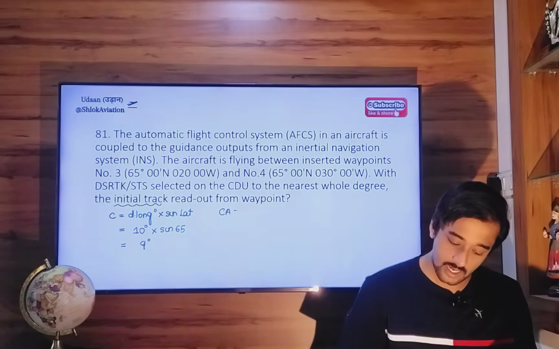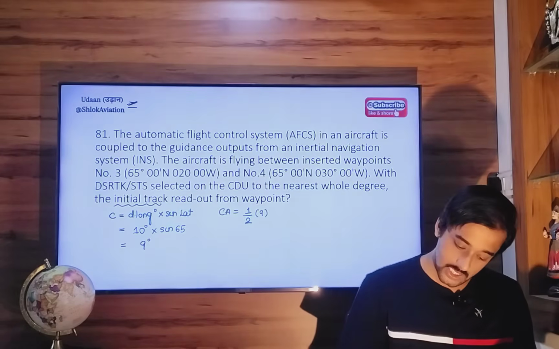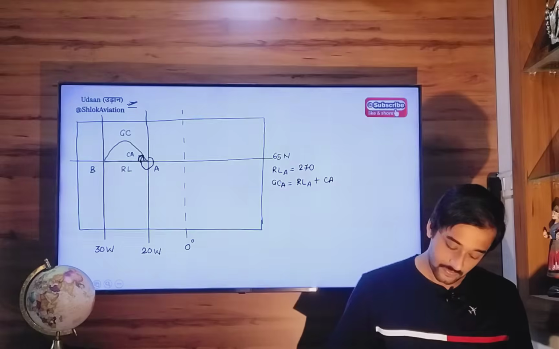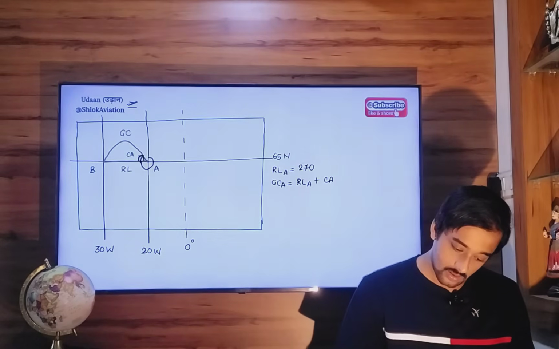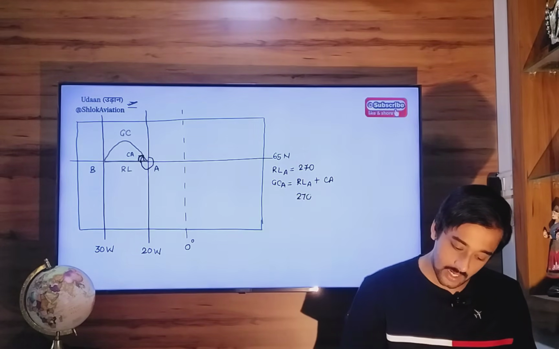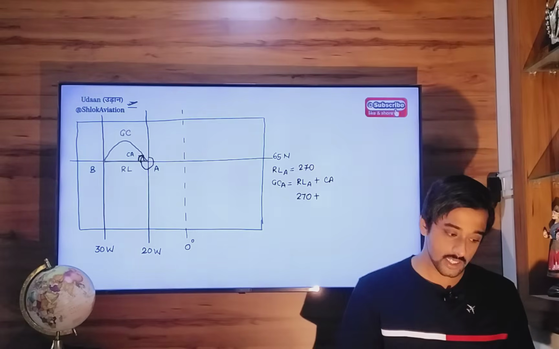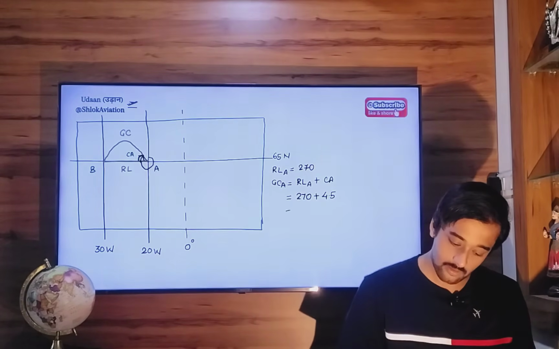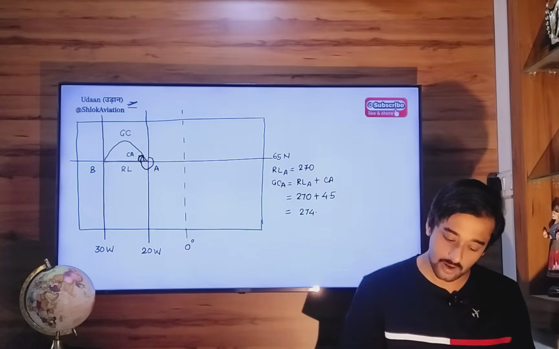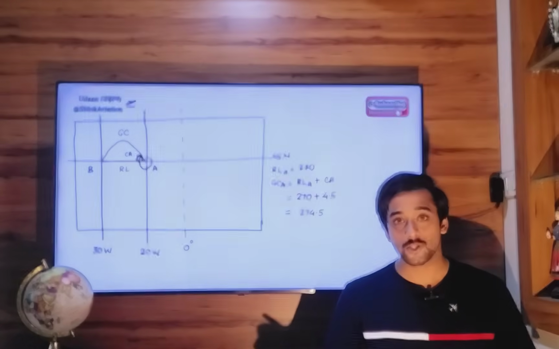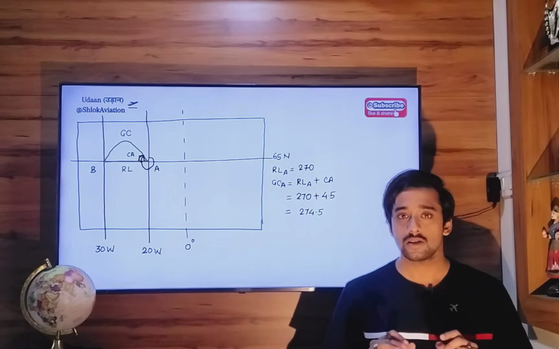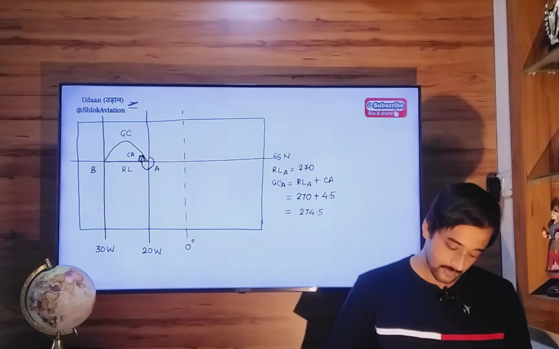So convergency angle will be half of convergency. So half of 9° is 4.5 degrees. So 270 rhumb line track plus convergency angle 4.5, so great circle track will be 274.5. So you will select that option which has the value closest to this one, 274 or 275.